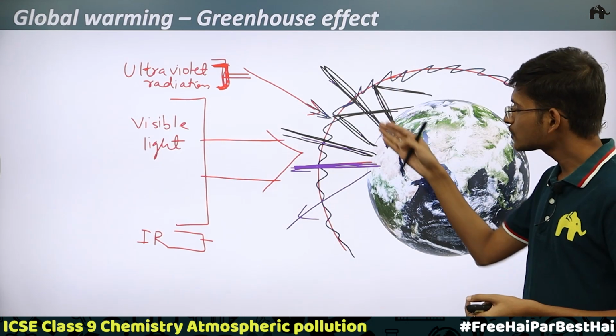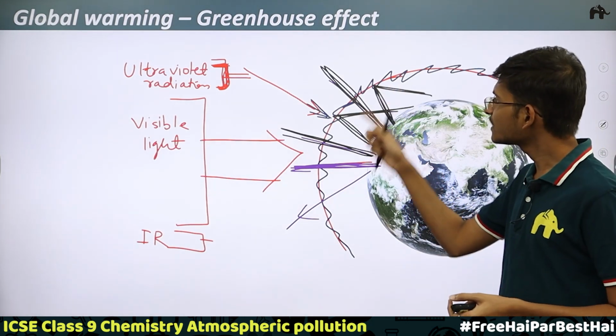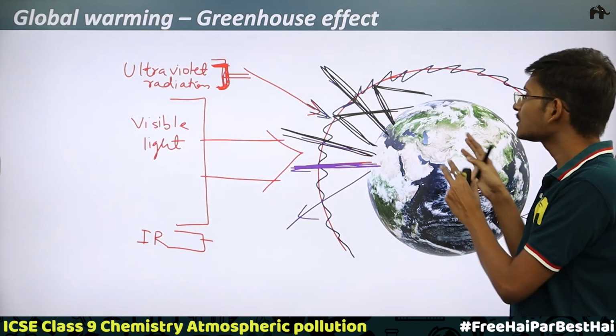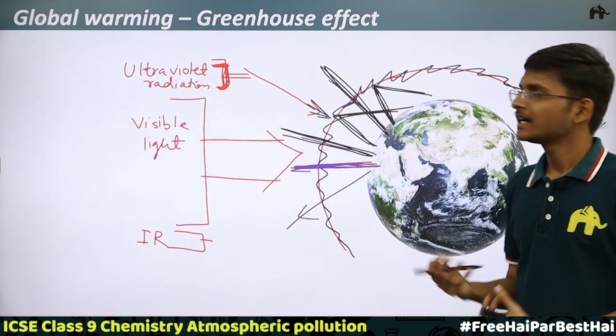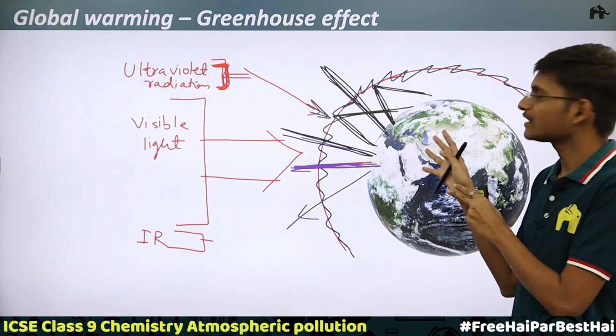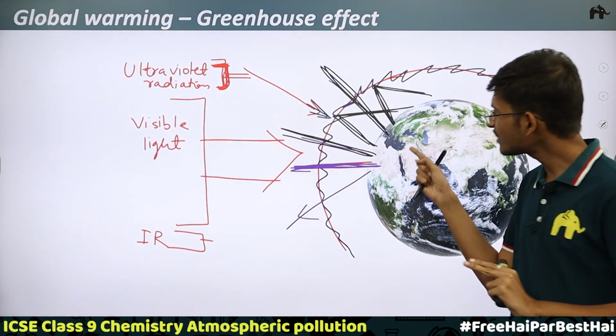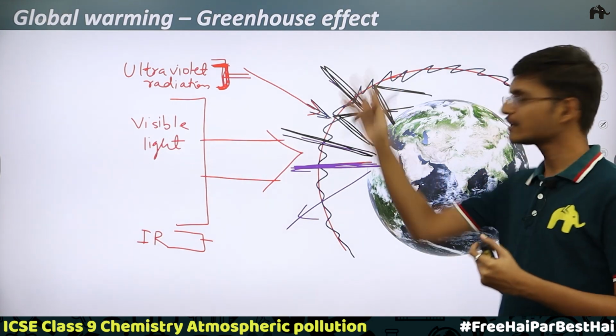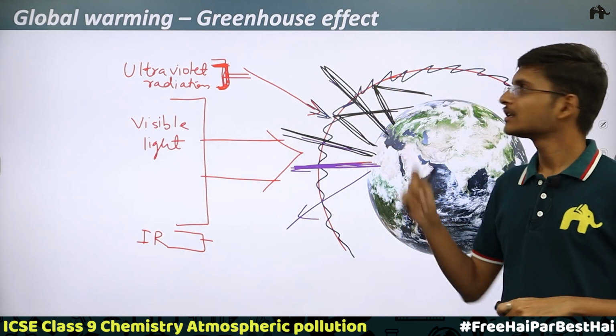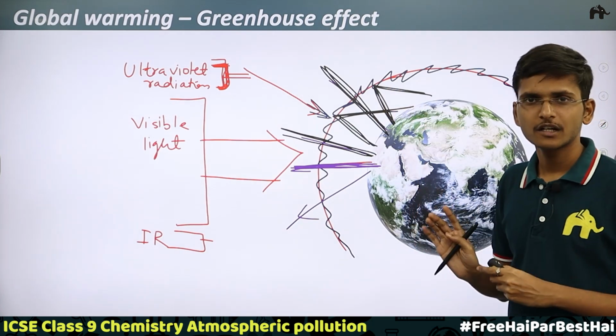Because of these trapped radiations, our earth surface as well as the lower atmosphere gets heated up, and this is called the greenhouse effect: the trapping of some of the infrared radiations radiated by the earth.